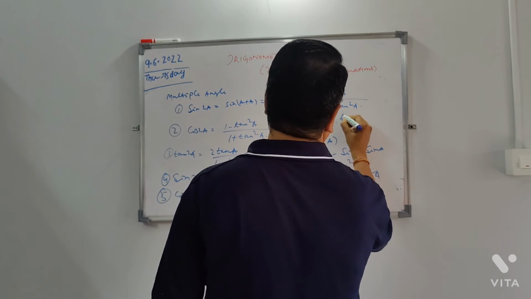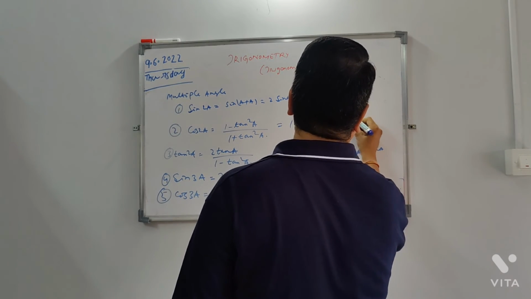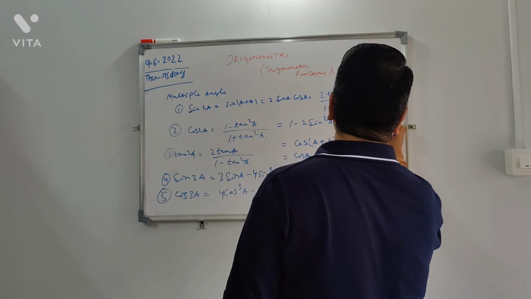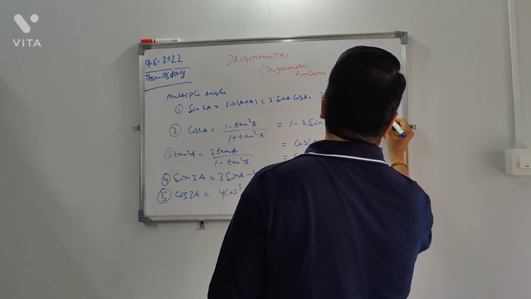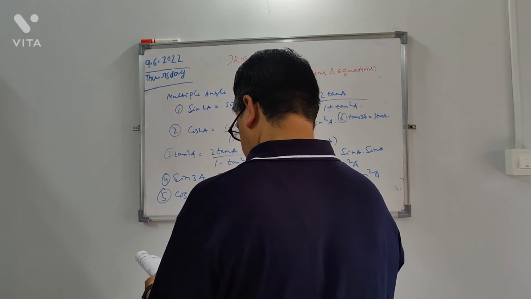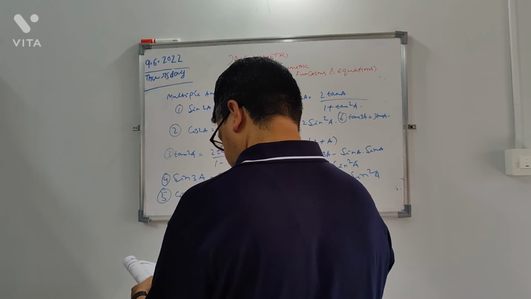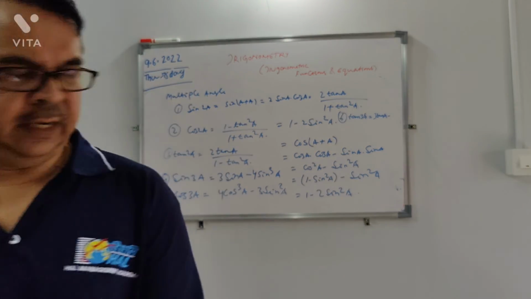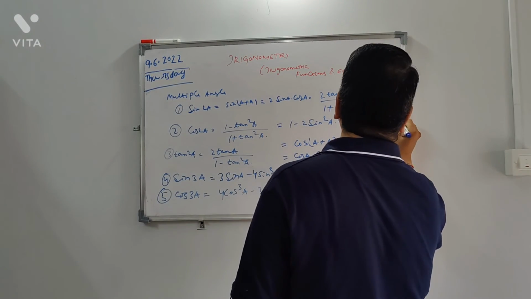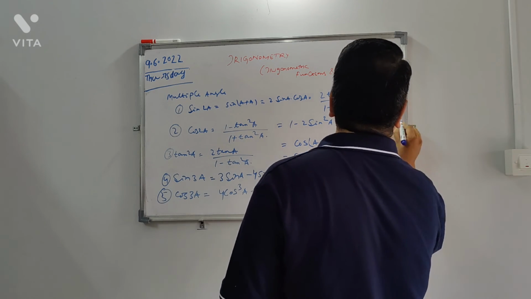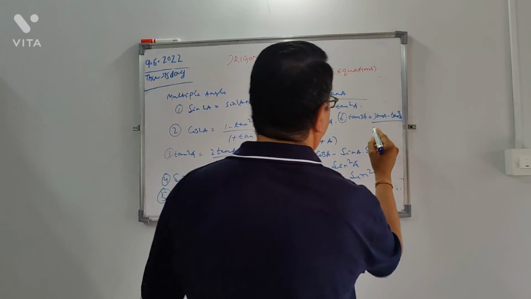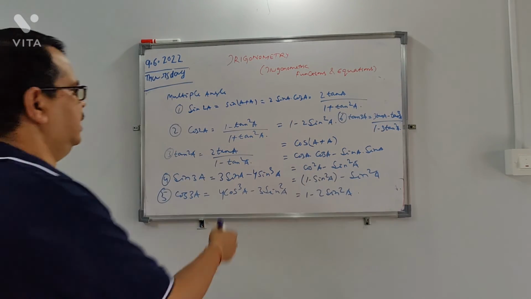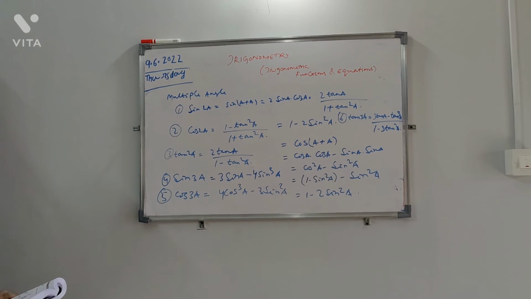Then there is tan 3a. Tan 3a is equal to 3 tan a minus tan cube a, divided by 1 minus 3 tan square a. So these are formulas for multiple angles.